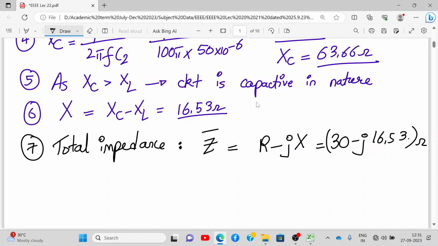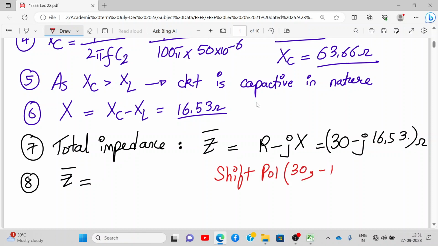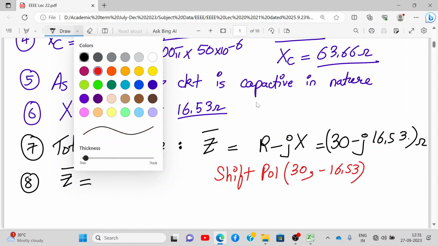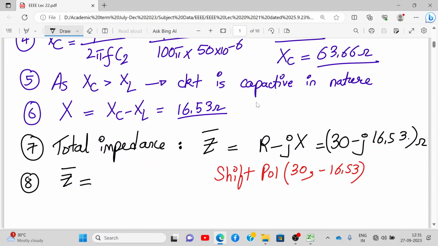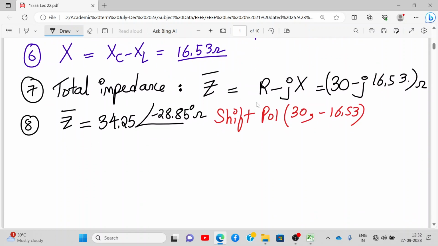Now calculate that in polar form. Shift POL in the calculator, 30 comma minus 16.53 and press enter. What did you get as the value of Z bar? 34.25 angle minus 28.85. Right? Yes, that is it.